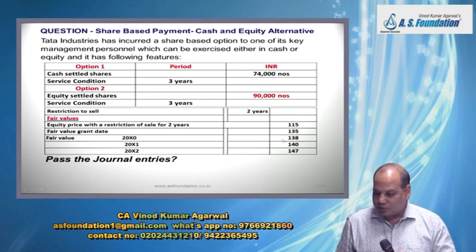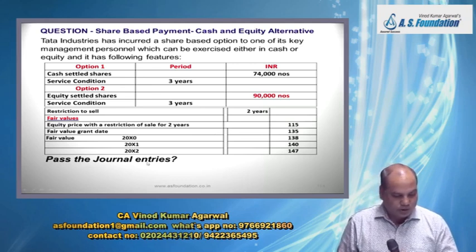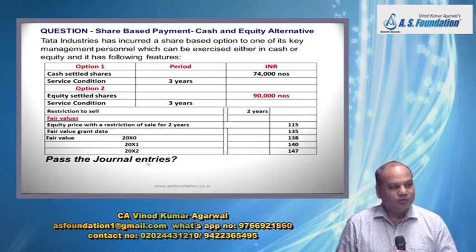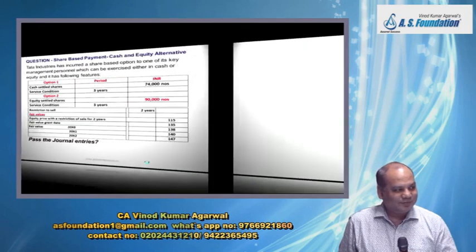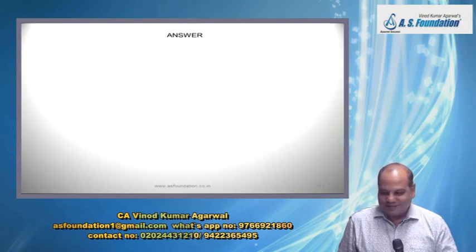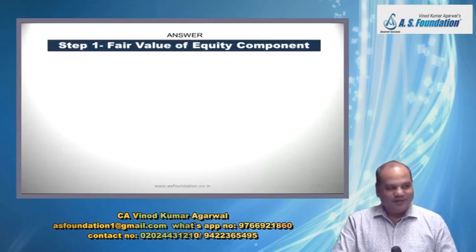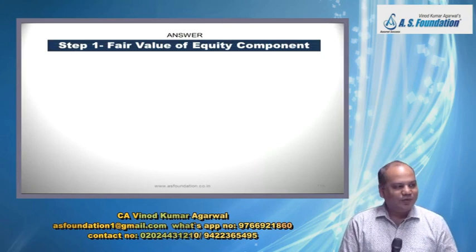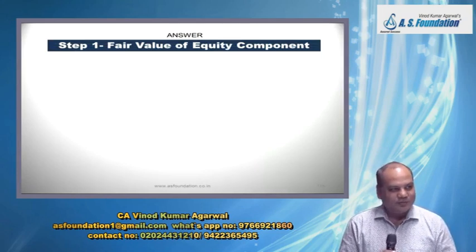And then, like the previous question, the next 3 years, this time it is a 3-year problem, you are given fair values, pass the journal entries. Is it clear whether the employee wants cash or shares? So what will we do? Assumption, not both. We will see. At least first compute the fair value of the equity component.